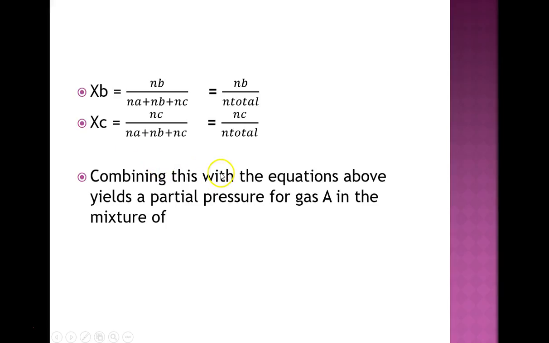Now, when we combine this with the equations above, we're going to yield a partial pressure for gas A in the mixture, such that the partial pressure contributed into this mixture of gas by A is equal to the mole fraction of A times the total pressure.